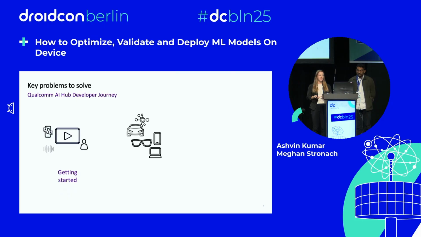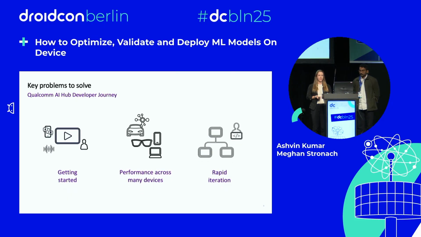So there's three main pieces that Qualcomm AI Hub helps with. The first is getting started. Of course, I've talked to you about the benefits of on-device AI, but if you don't know where to get started, then it's a lot for you to figure out. The second piece that it helps with is making sure that you're deploying one model across many devices.